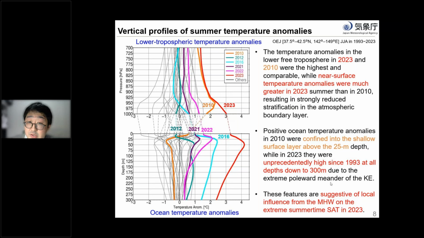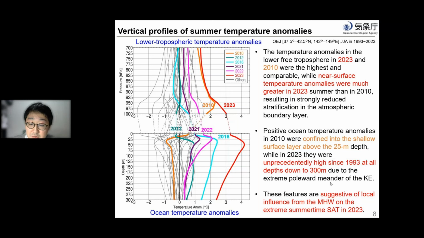The temperature anomalies in the lower free troposphere in 2023 and 2010 were the highest and comparable, but near-surface temperature anomalies were much greater in 2023 than in 2010. So this resulted in strongly reduced near-surface stratification in summer 2023.